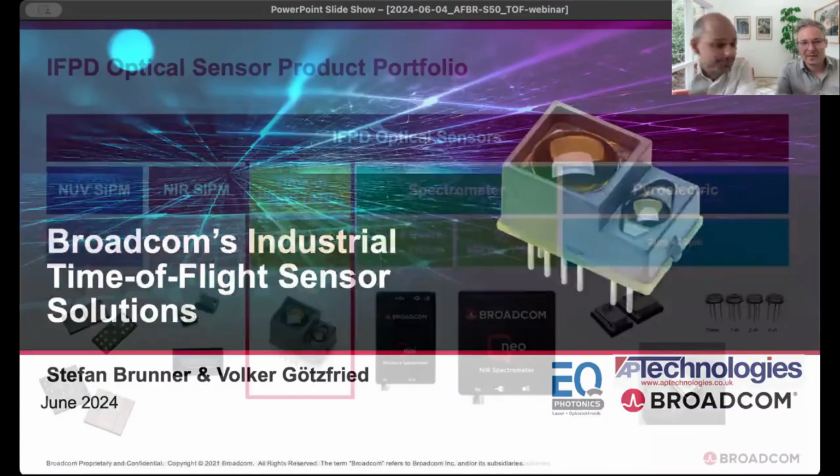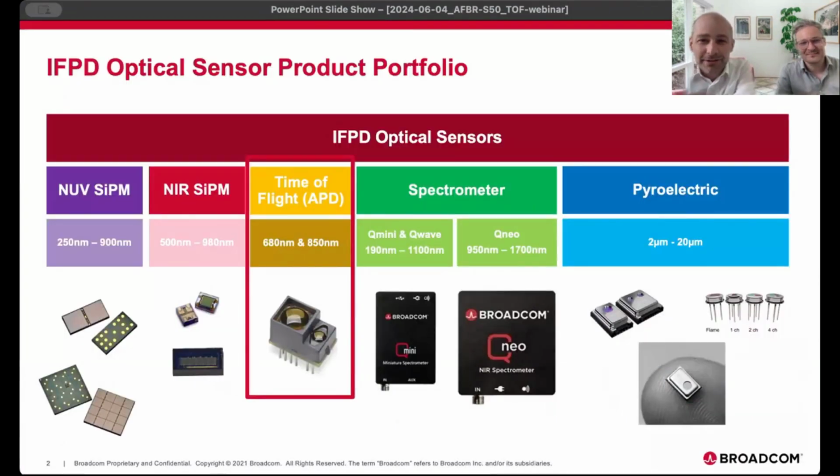Hi, everybody. Before we start, just a short overview about our division's optical sensor product portfolio. IFPD is the name of our product division within Broadcom. We have silicon photomultipliers, blue sensitive and NIR sensitive silicon photomultipliers.